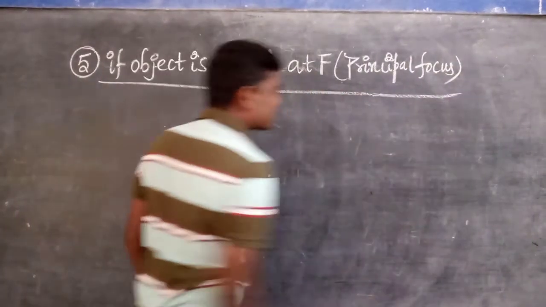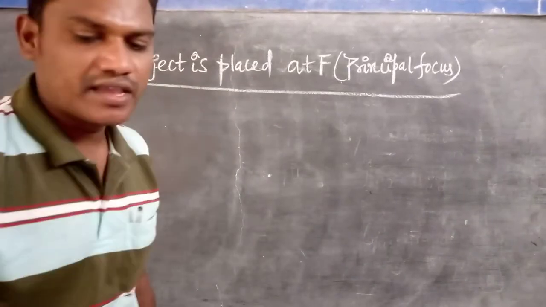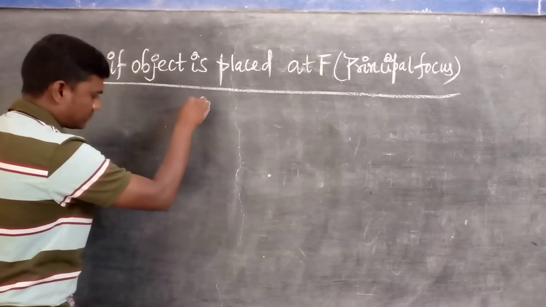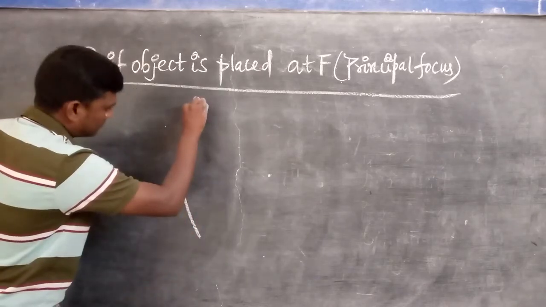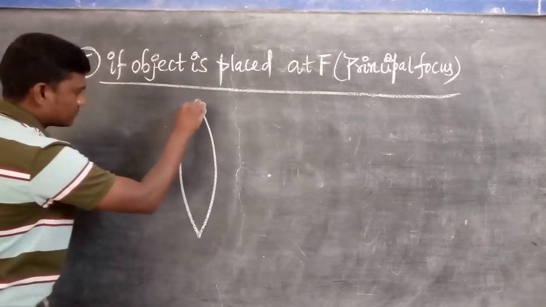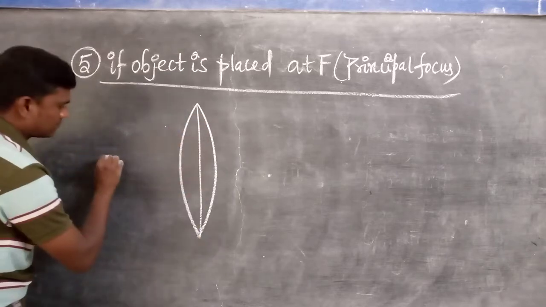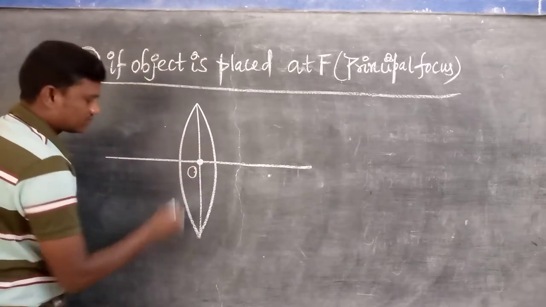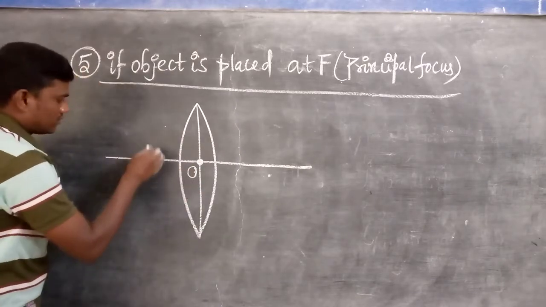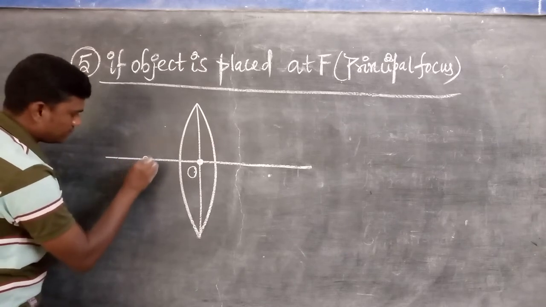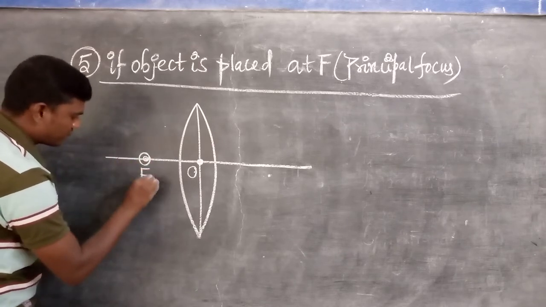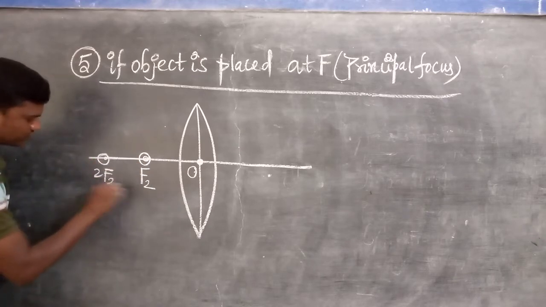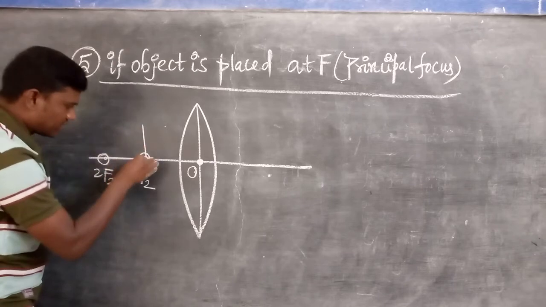If the object is placed at the principal focus on the principal axis, center of curvature, it is F2, 2F2.